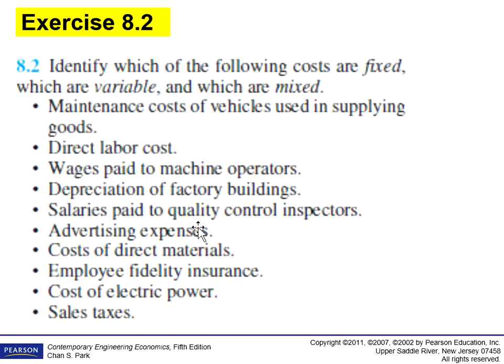Then advertising expense, cost of direct material, employee fidelity insurance, cost of electric power, sales tax. I want you to just solve it, write it down on the page in front of you. Just pause this video and see if you can identify them exactly.